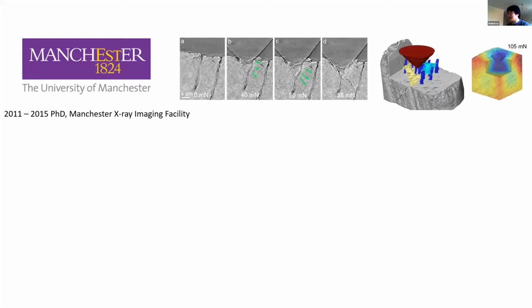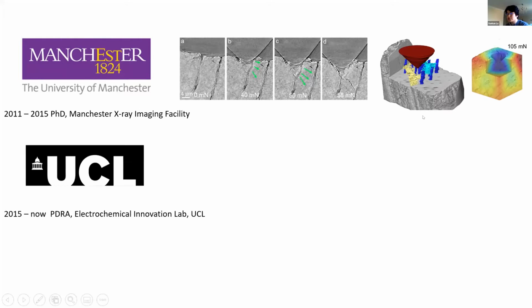Because this is my first time joining this event, as she said, during my PhD, I mainly used X-ray CT to study the biological material, the failure mechanism, and the mechanical response.